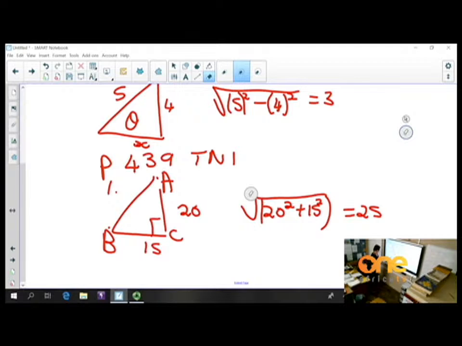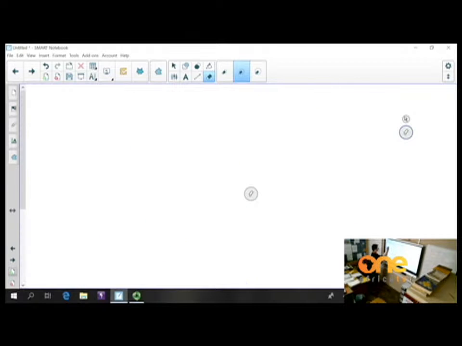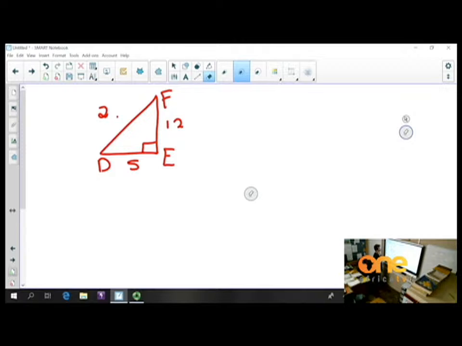So we can do the same now with the next ones. Number 2. So again, I have a right-angled triangle. We have to label them, otherwise we won't know where is which angle. So that one is E. This one will then be D, and that one will be F. D, E, F. So DE is 5. EF is 12, and we have to find this one.